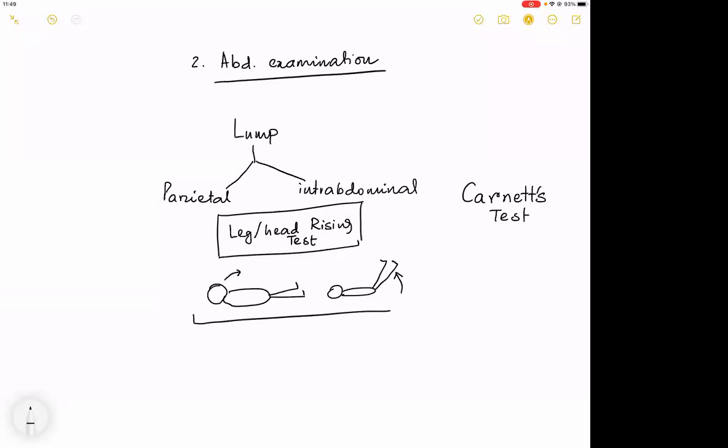What is the observation then? The observation is that if it is a parietal lump, it is prominent, P for P, and if it is an intra-abdominal lump, it is less prominent.